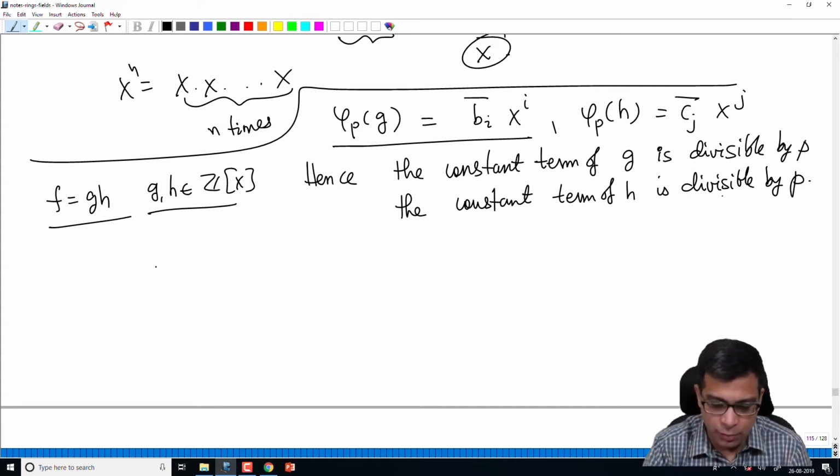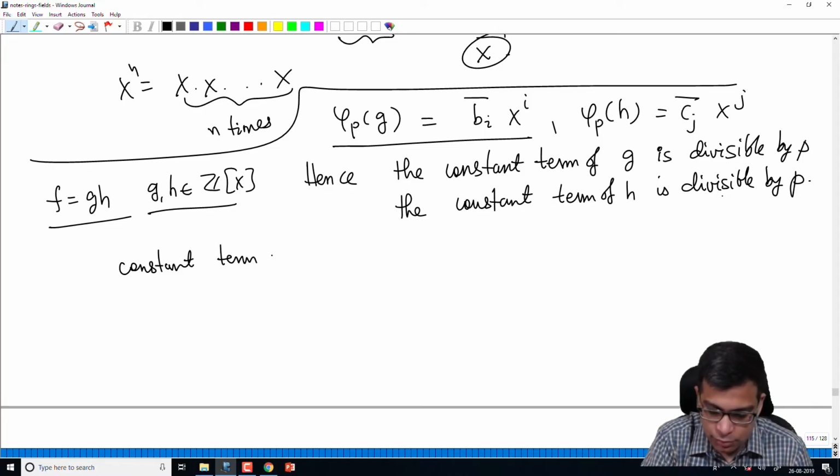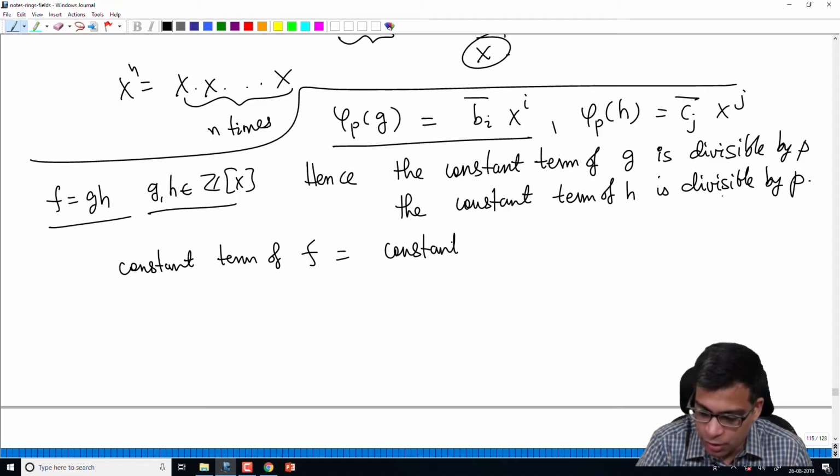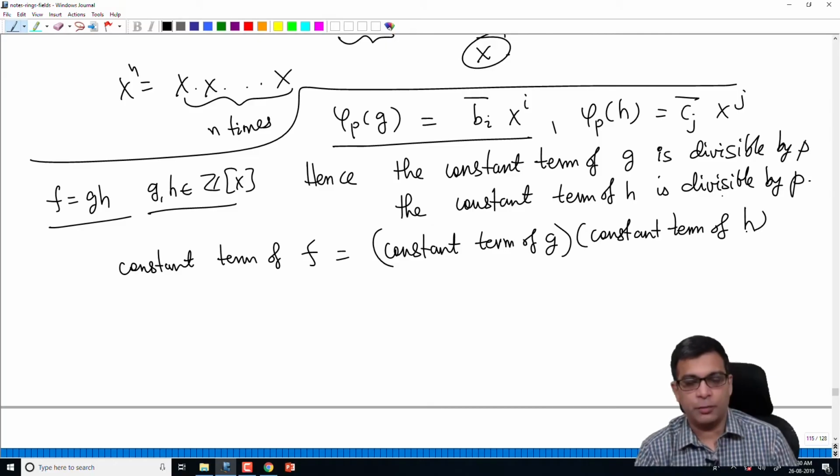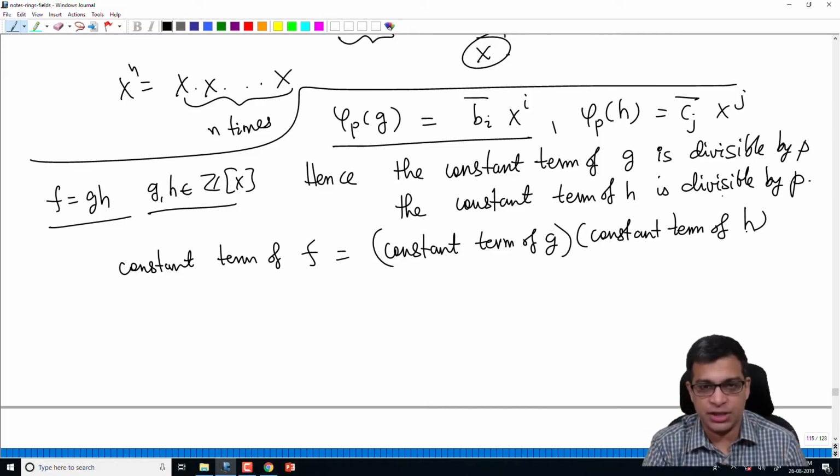Now, if the constant term of g is divisible by p and the constant term of h is also divisible by p, we note that the constant term of f is just the constant term of g times the constant term of h. Right? When you multiply two polynomials g and h, in the product the constant term is just the constant term of g times the constant term of h.